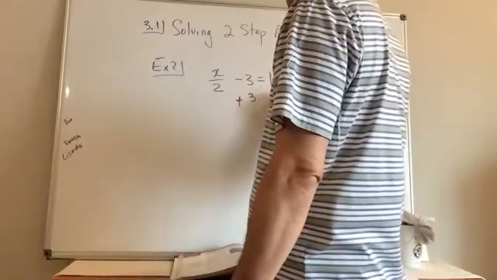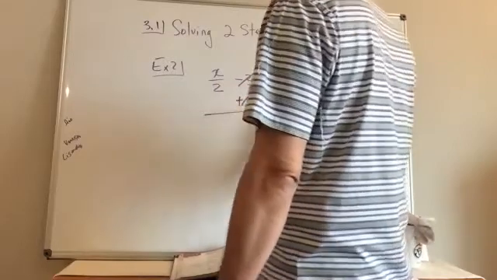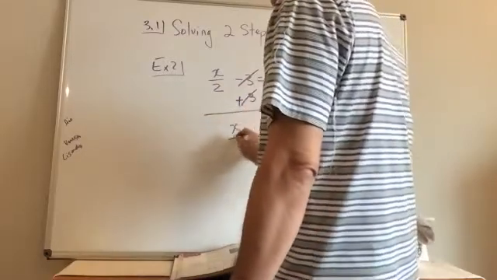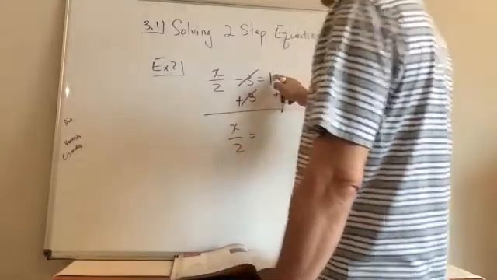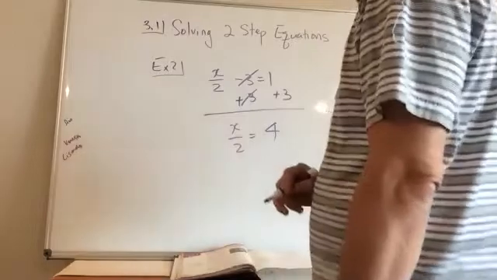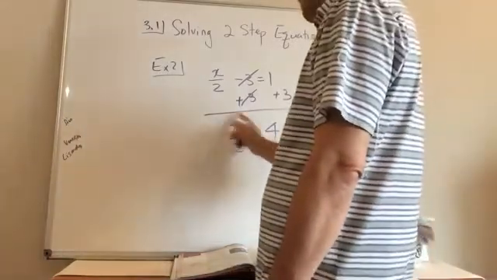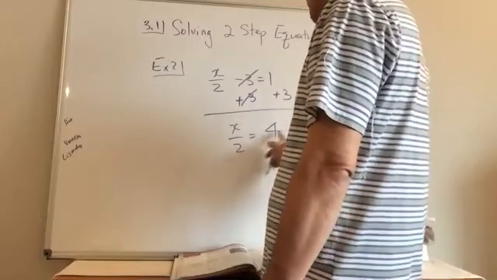The reason being is because then you get rid of the 3 here, right? Now I'm going to get x divided by 2 here, and here I have 1 plus 3, which is 4. Okay? So now I have x divided by 2 is equal to 4.